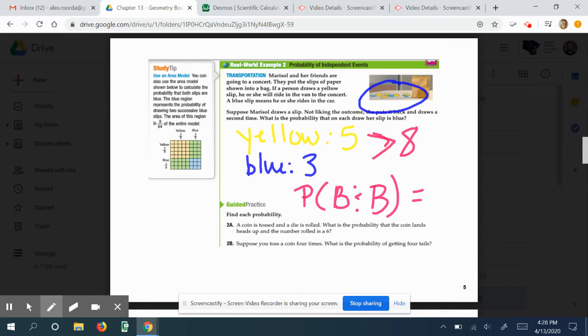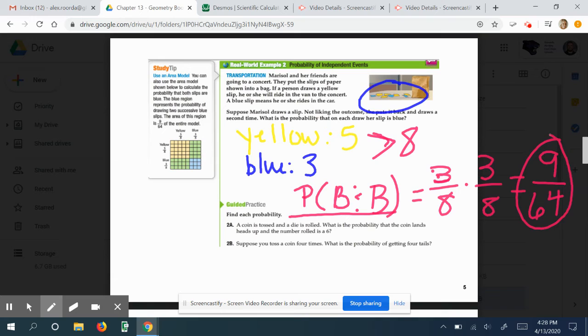So the probability of a blue is 3 out of 8, right? But then she doesn't like that blue, and so she puts it back, and she draws again, and again, the probability of picking blue is 3 out of 8. So the probability of this event occurring is 3 times 3, which is 9, and 8 times 8, which is 64. So 9 out of 64 is the probability of them both being blue.